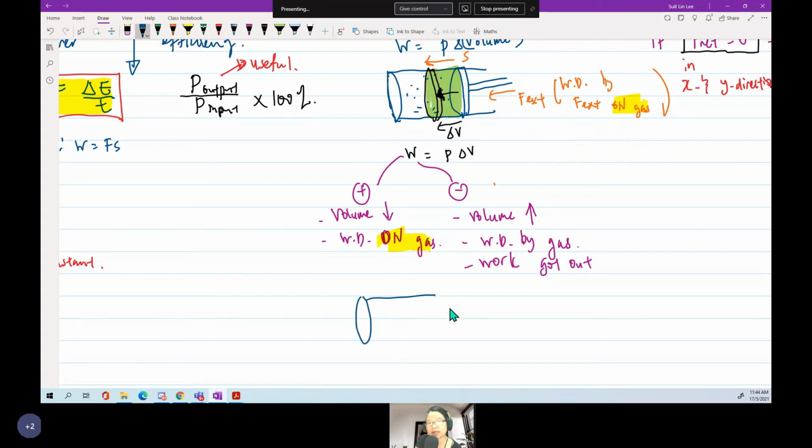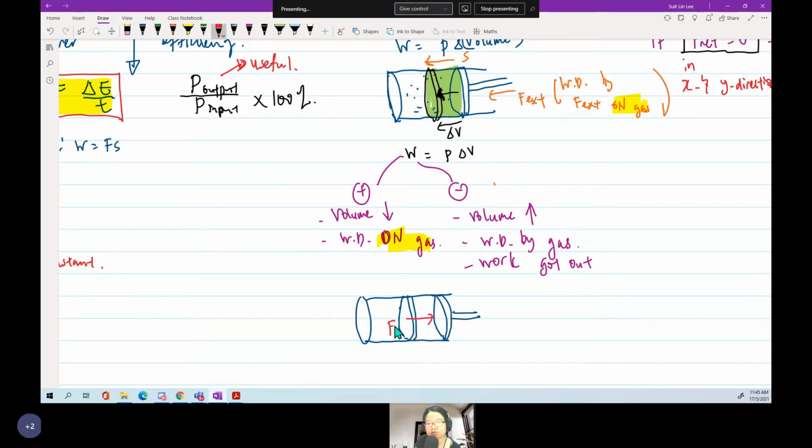I draw the piston again now. Let's say we talk about the second scenario where we go from here. This one is a little bit more confusing. I prefer to look at volume, but maybe there's no one way to look at things. So let's say now the gas wants to push back out.